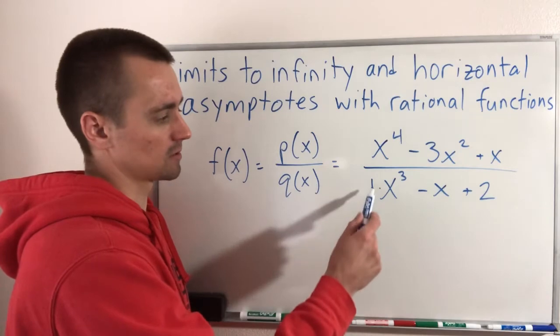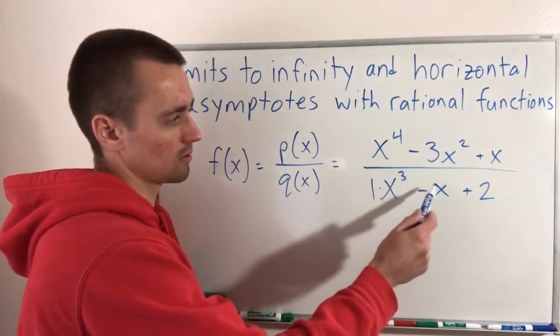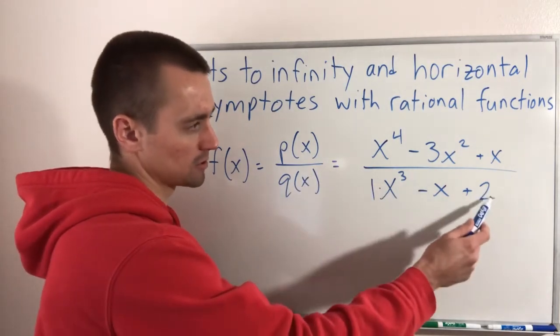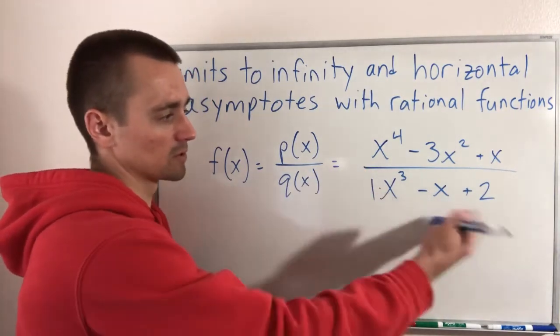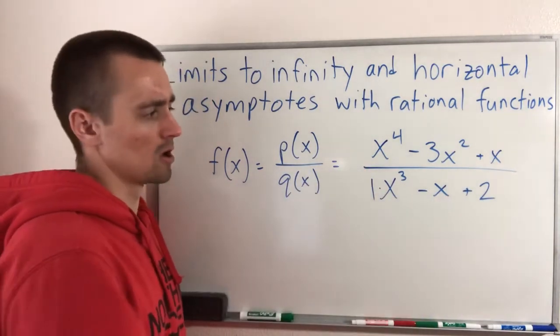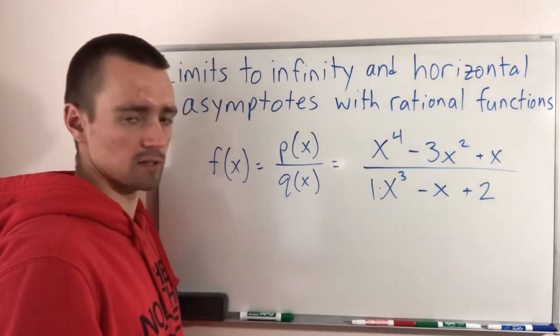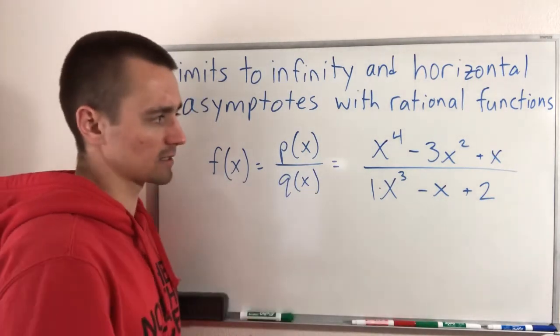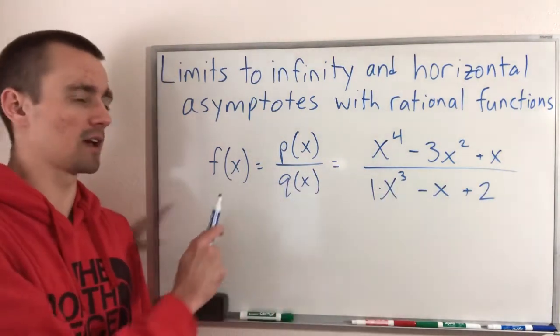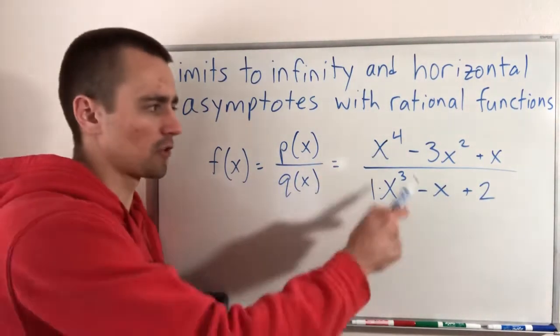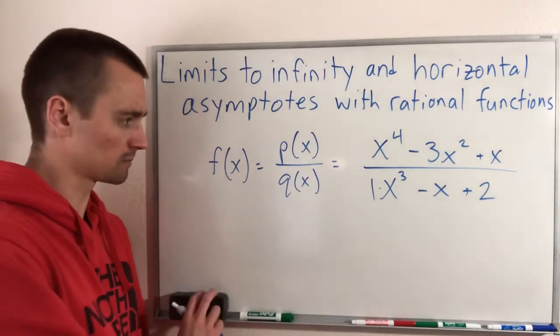So 1, -3, 1 would be our coefficients on top, and -1, 2 and 1 on the bottom, and then each is being multiplied by x to some whole number, or is just a constant in some cases. So these are an example of two polynomials. If you put them in a fraction over each other, that gives you a rational function.